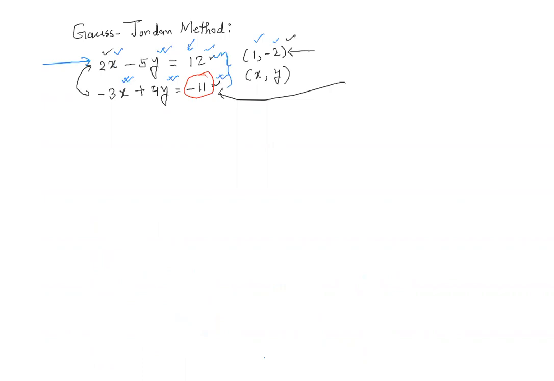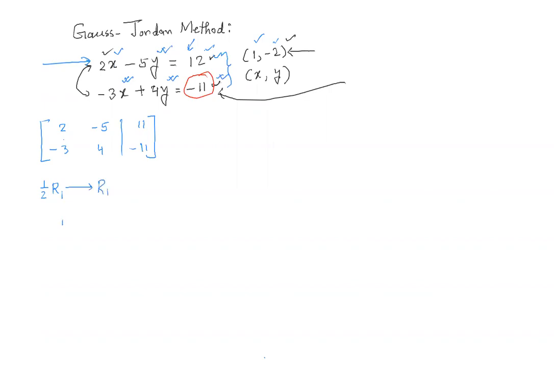So let me create the thing again. It's gonna be 2, -5, 12, -3, 4, and -11. Let me double check. 2, -5, 12, -3, 4, and -11. Now just multiply the first row by 1/2. 1/2 times row 1 becomes my new row 1, right?